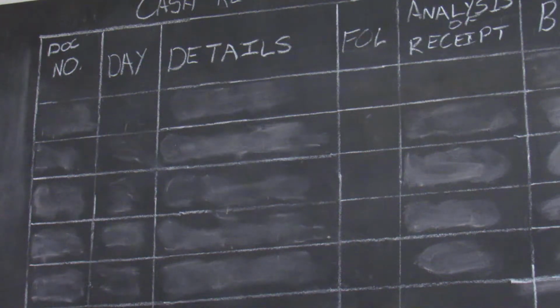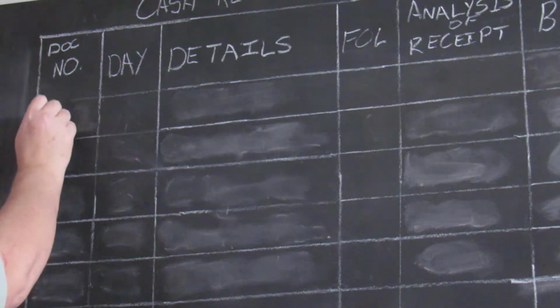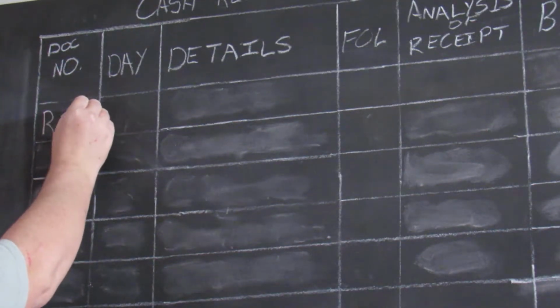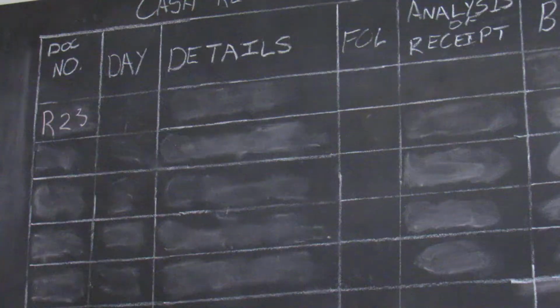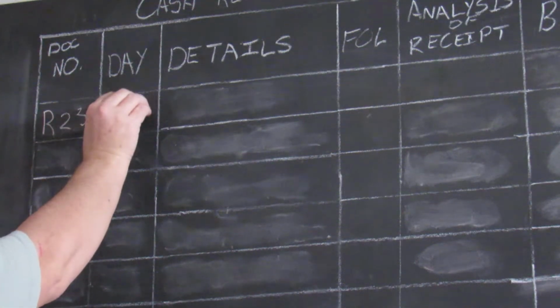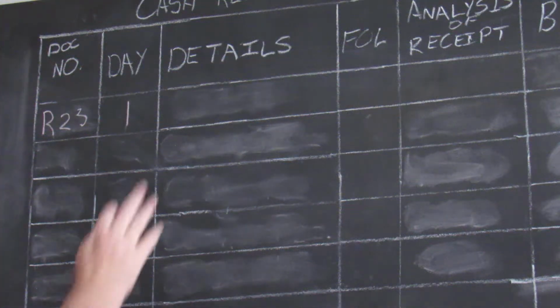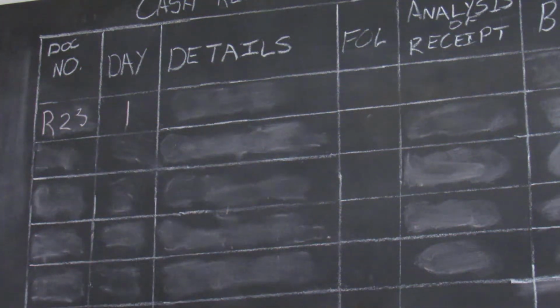So it will not go into the analysis of receipt. The document number you use will be receipt 23, so your document here will be R23. The day will be day 1 because you'll see the number in the front says number 1. Now the details is the owner.